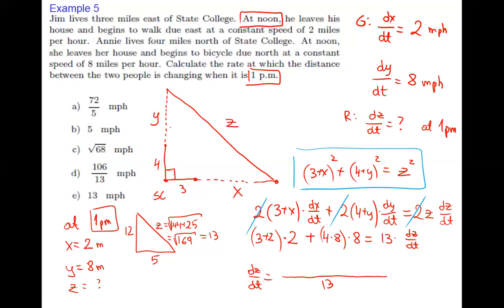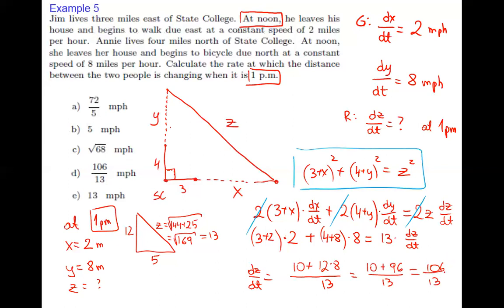This will be 3 plus 2, 5, times 2 is 10, plus 12 times 8, which is 96. So 10 plus 96 is 106, over 13.